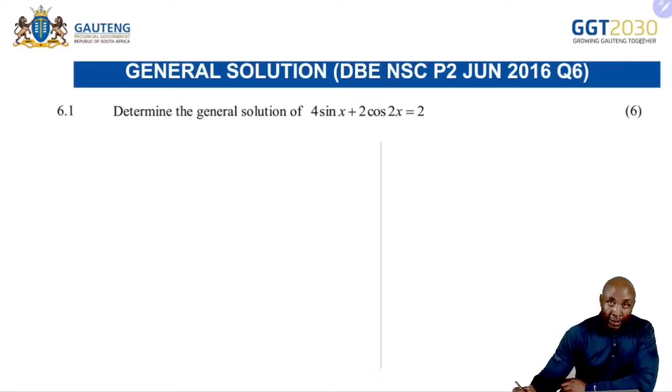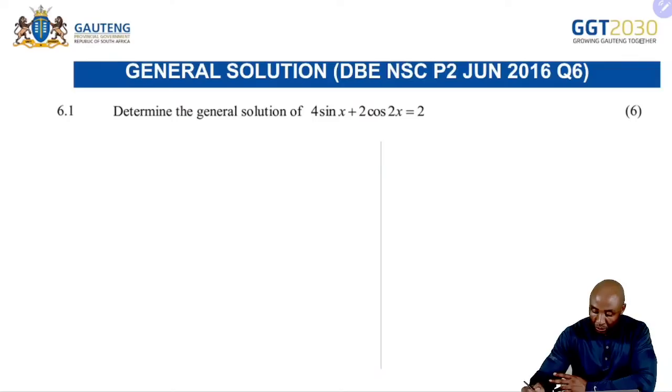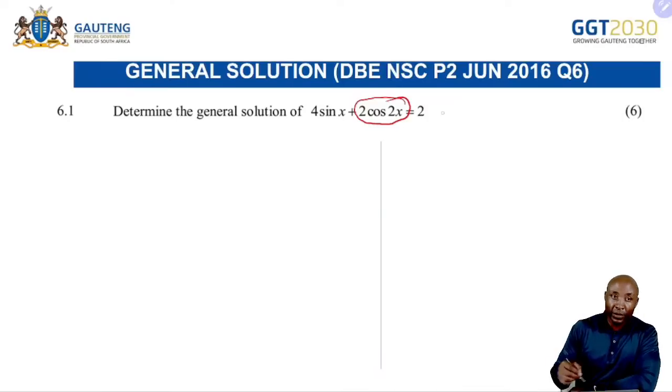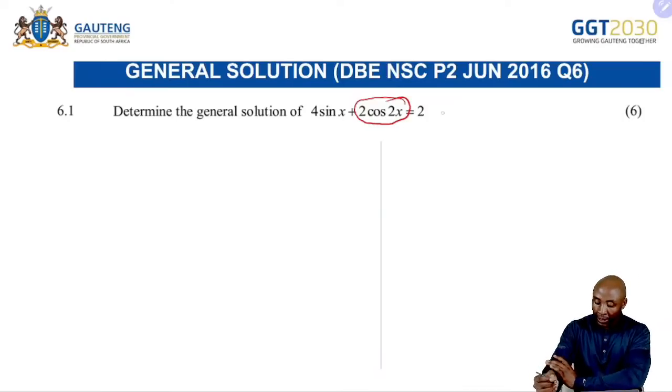Now, let's look at the general solution. This is the one that I said it's in a trinomial form. We are having 4 sine x plus 2 cos 2x is equal to 2. For us to solve this, we are able to see that our problem is here. We are having sine, cos, and that 2. There's no way we can factorize or use the quadratic formula there, so we should use our identities.